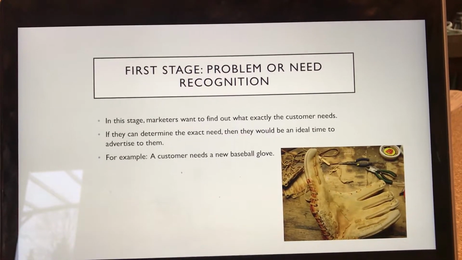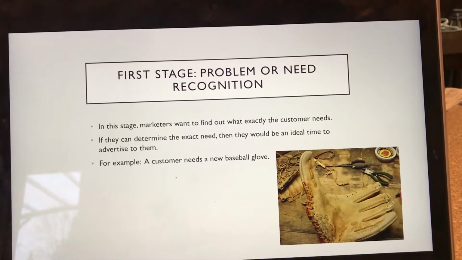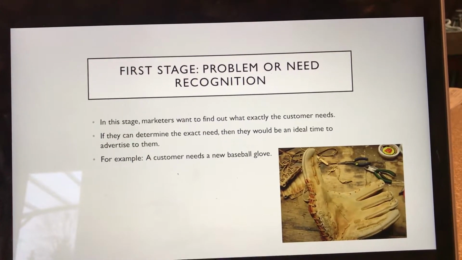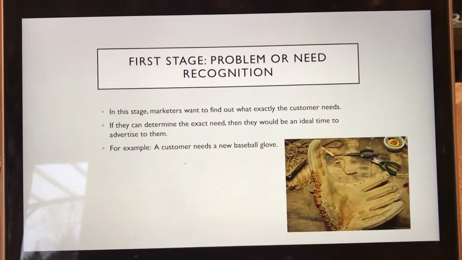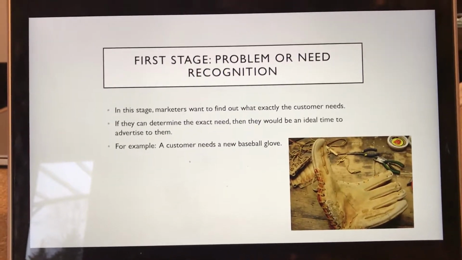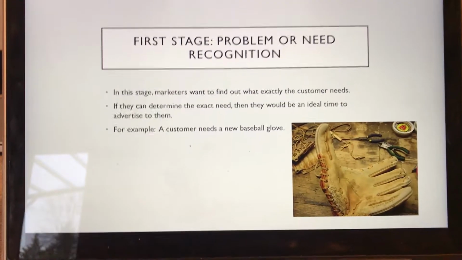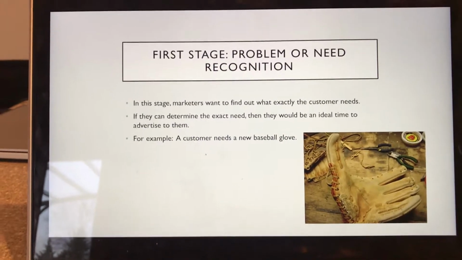For this PowerPoint example, I said a customer needs a new baseball glove. So let's say you're playing ball and all of a sudden your glove breaks. Then you realize my glove is no longer usable. I need to go ahead and get a new glove. So right now this would be a perfect time for marketers to realize, hey, you need a new glove. Let me advertise you the gloves that I sell.